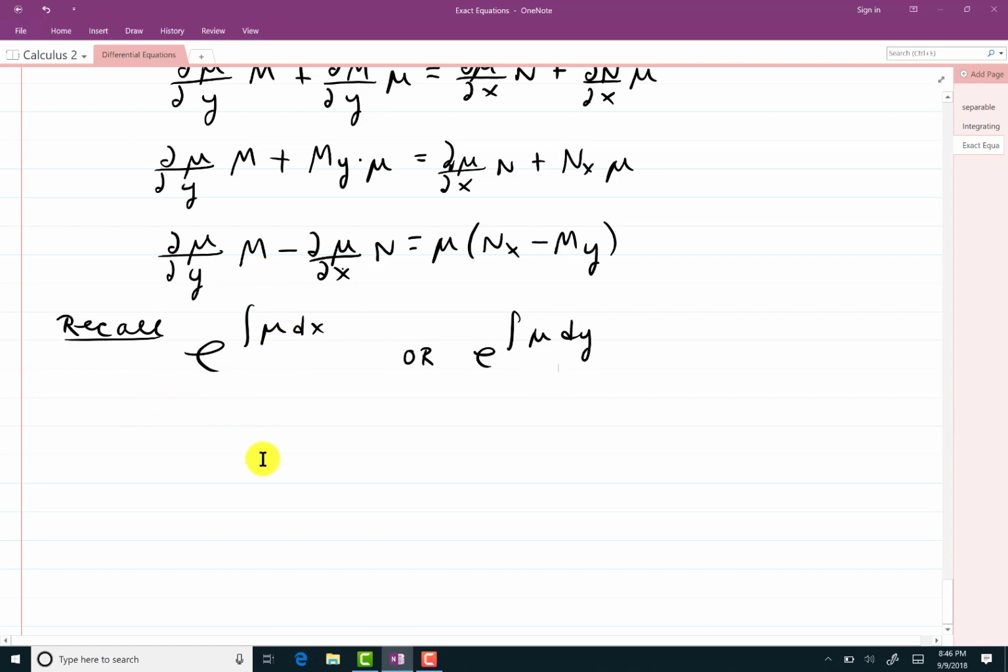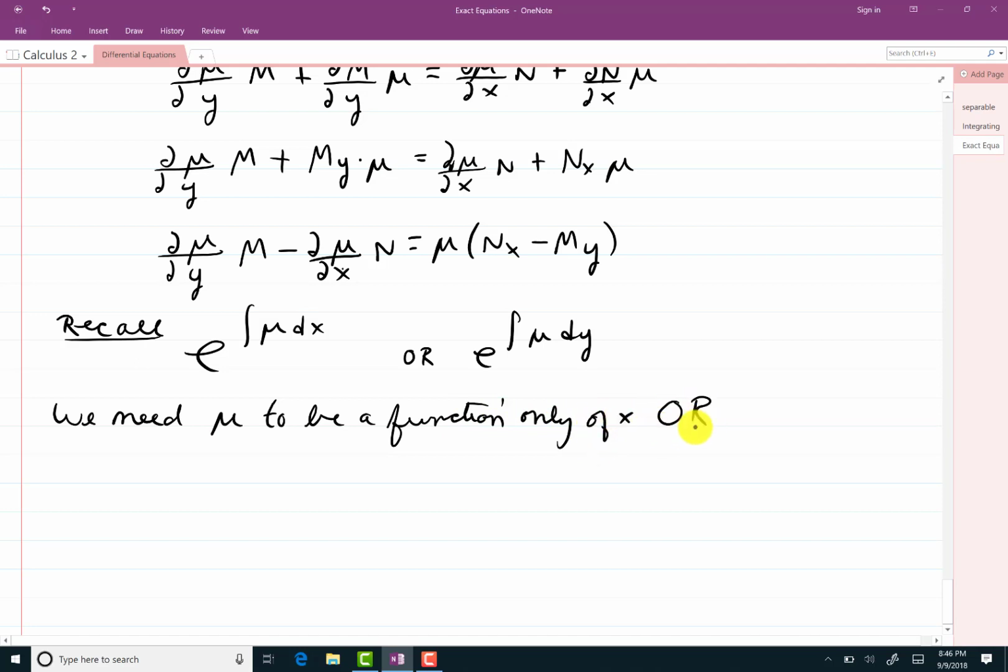So in order to have a chance, we need mu to be a function only of x or only of y, because we can only do these integrations if it's in one variable.